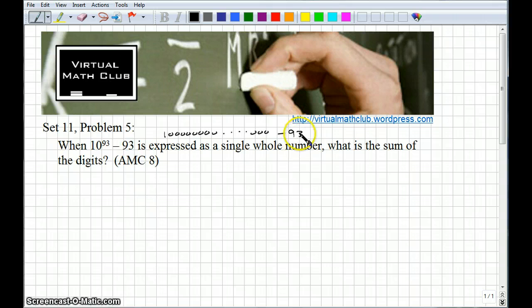My guess is you probably don't want to really do that subtraction. Now, you could. You probably don't want to write out 93 zeros, but my hint to you would be to look for a pattern.